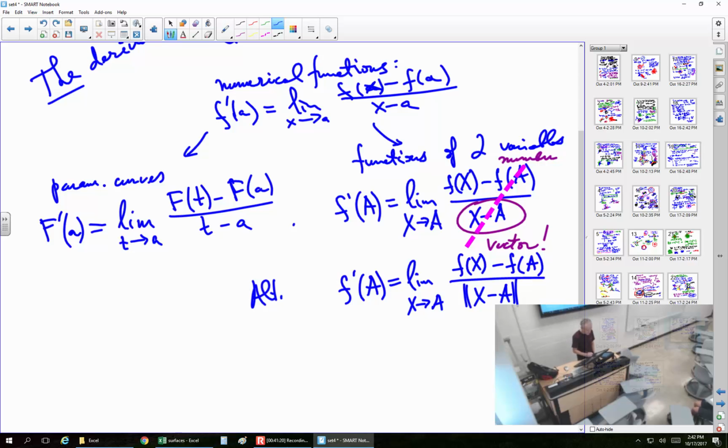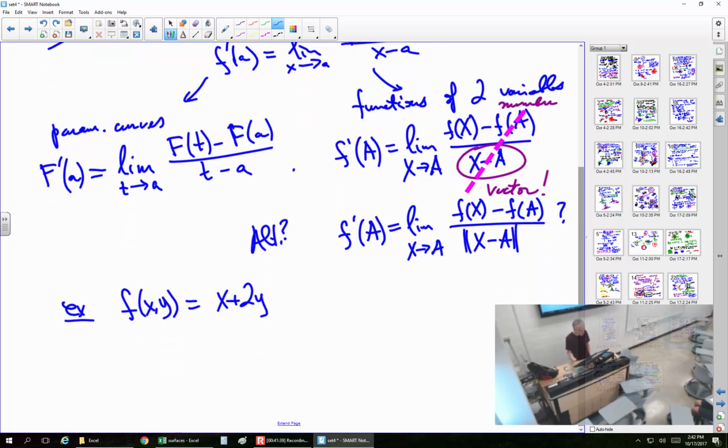So what we just saw, let's try to examine very quickly why this is not working out. If I just take my example of a linear function once again, as we have, say, x plus 2y. Very simple linear function. The derivative, there is no limit, no worrying about the limit, right? That's what linear functions are for. They approximate everything, and so without limits. Okay, so then if I'm looking at f prime of, and say a is equal to 0, okay, so then what is it that I'm computing here?